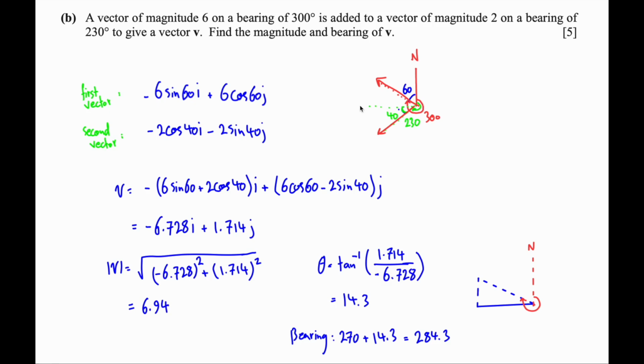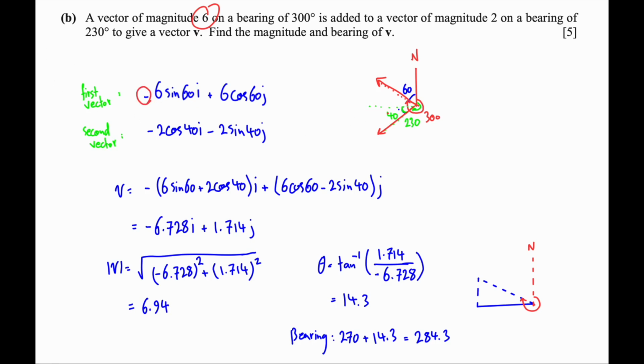I have to break each one of them into the i and j components, and then add the i components together and the j components together as well. For the first vector, the value is 6. However, if you notice, I put negative 6 here because when you break it into its i component, it is due west and not east.